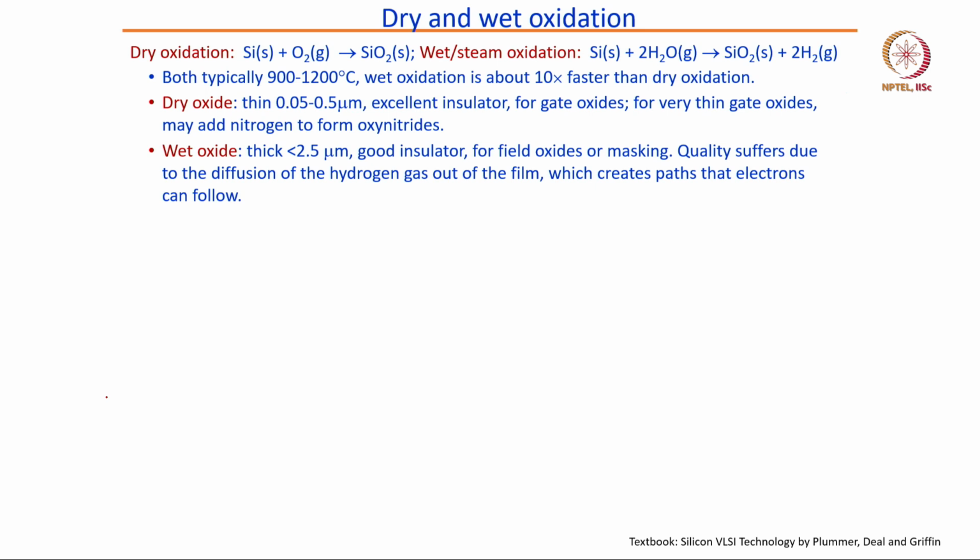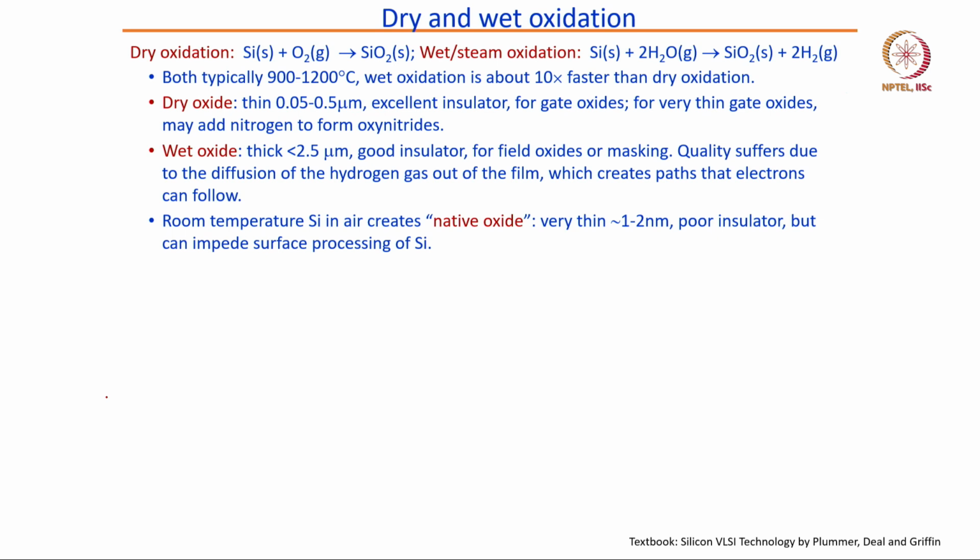It is a good insulating material, but not excellent. For field oxides or masking oxides, quality suffers. Why is it good insulating material, not excellent? Because the quality of the oxide layer suffers from the diffusion of hydrogen gas that comes out of the film, which creates a path that electrons can follow.